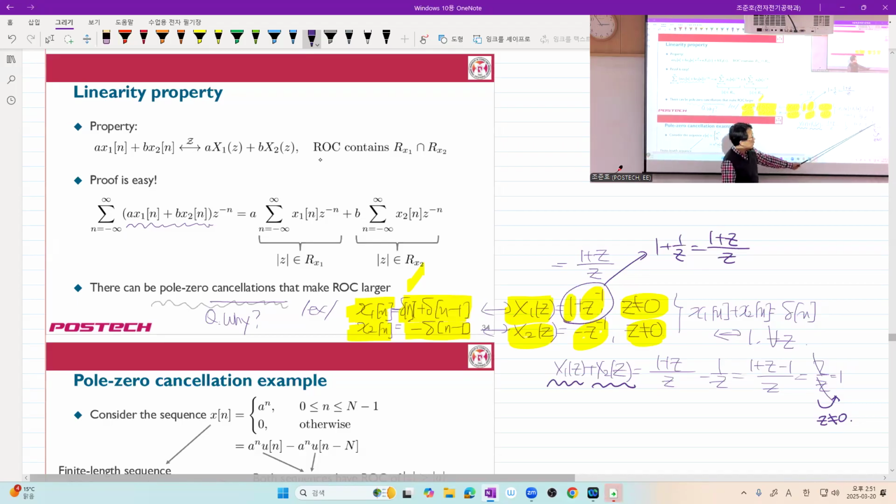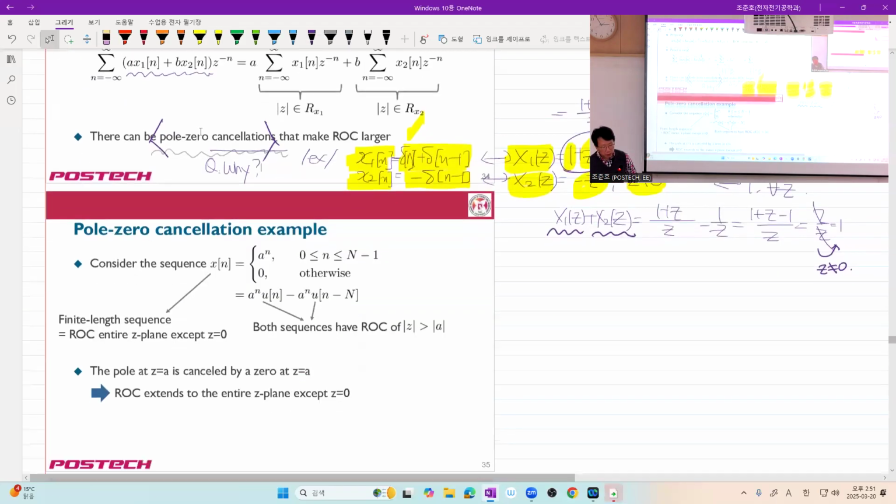Why? Because there occurs pole-zero cancellation. So when pole-zero cancellation occurs, you may have a bigger region of convergence than the intersection of the regions of convergence. This is one of the examples. So remember this one, because it is very, very confusing.